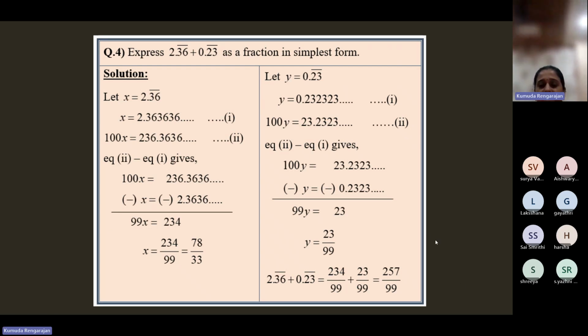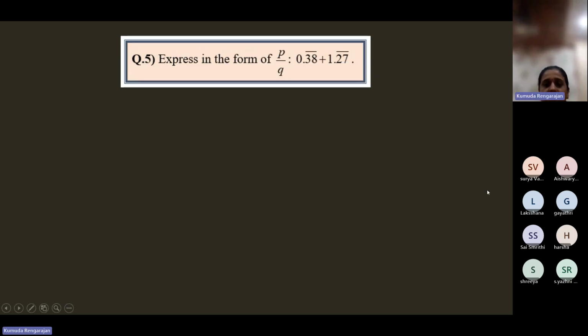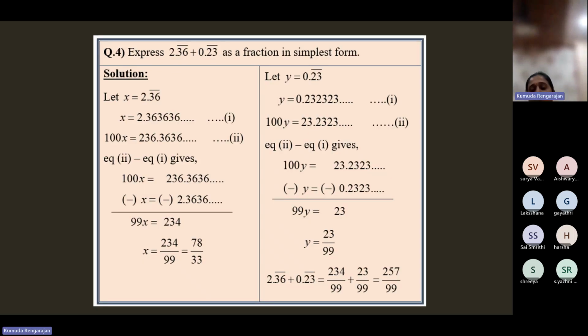Work this with the help of the slide, and the next one is a test. This is a test. Practice this one.